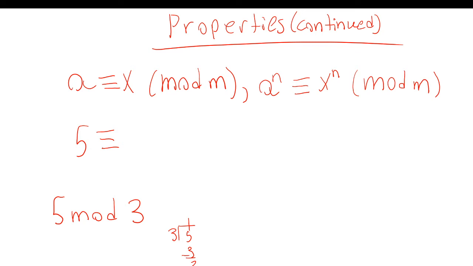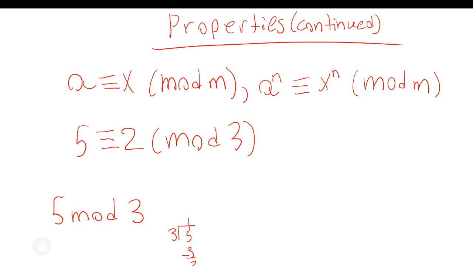So now I can find a congruence. 5 mod 3 is 2, so this is the same as 2 in mod 3.